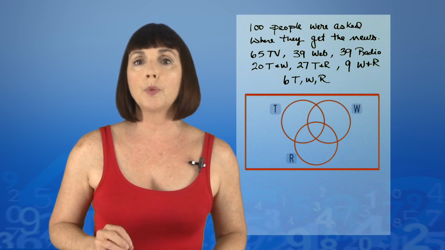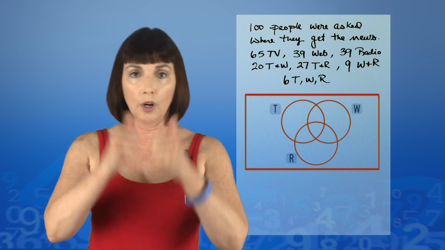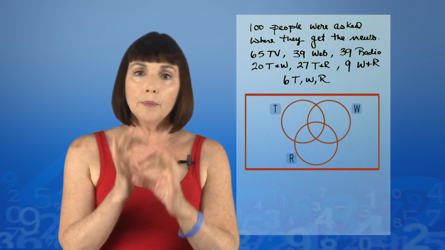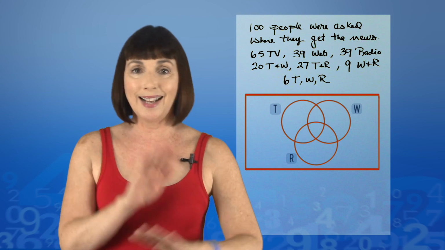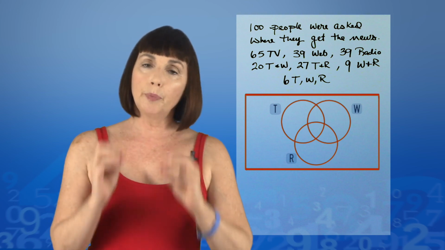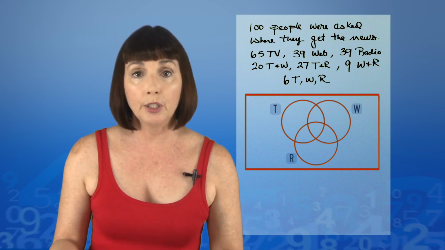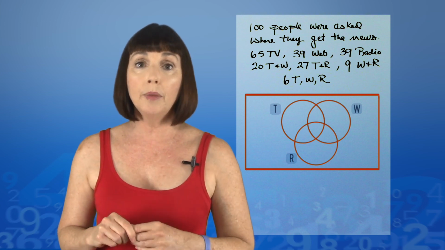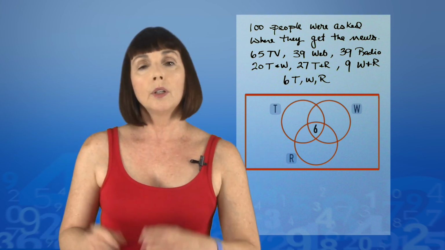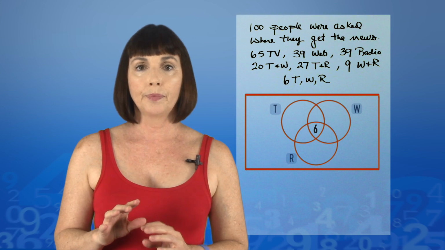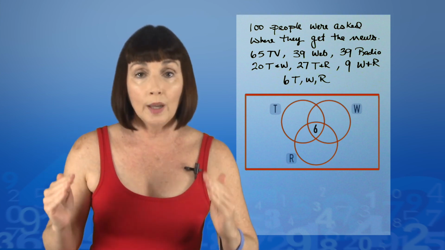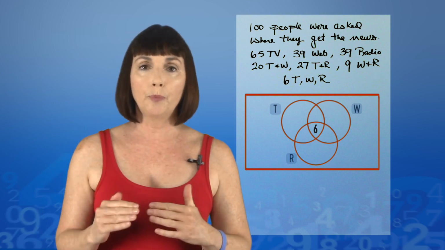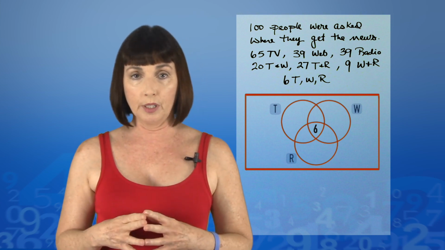So what we're going to do is start in the middle and work our way out. So that middle intersection where all 3 sets intersect, those are the people who use all 3 resources. And according to our problem, there are 6 of them. So we can put a 6 in there. Okay, now let's go one step out and look at the number of people who use 2 of these sources.